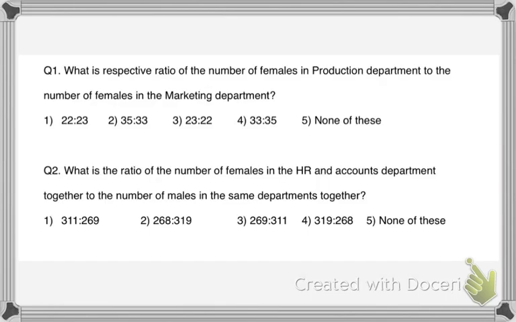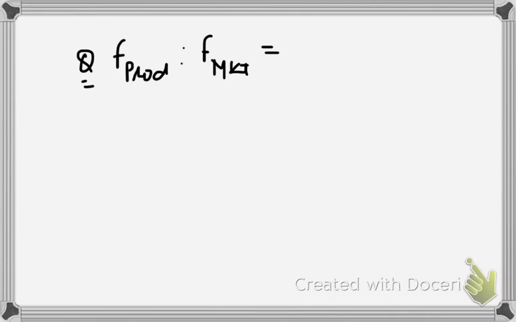Now you were given 5 questions and all the questions were easy, so let's solve the first 2 questions. The first question was the ratio of number of females in the production department to number of females in the marketing department. Now this is your question.